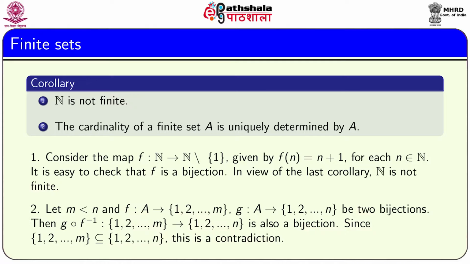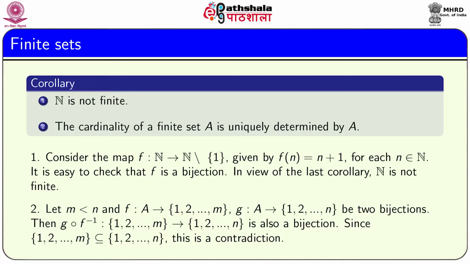Now, we state another corollary: first, that the set of natural numbers is not finite, and secondly, the cardinality of a finite set is uniquely determined by that set. Why is the set of natural numbers not finite?